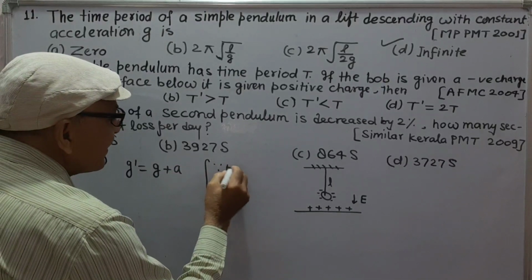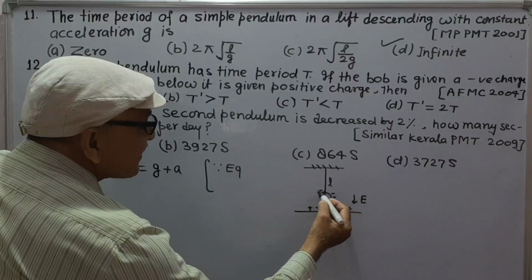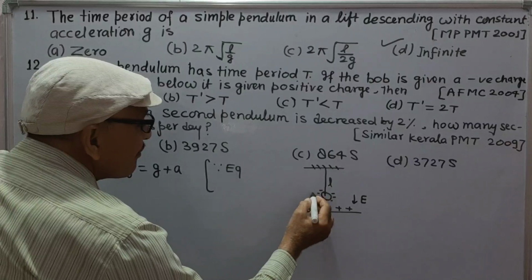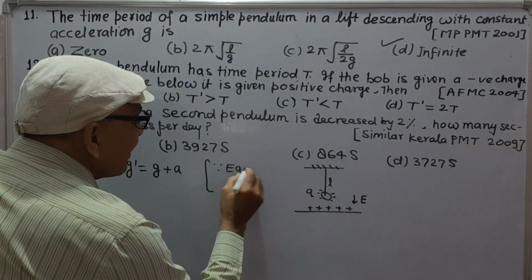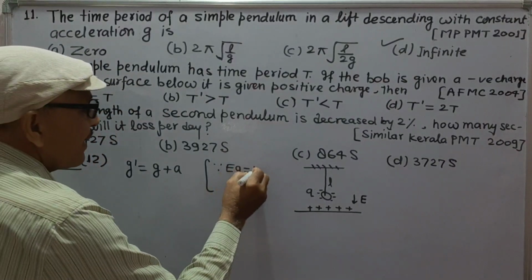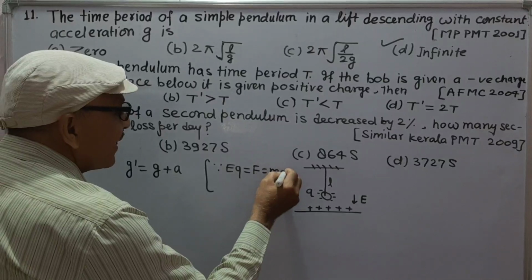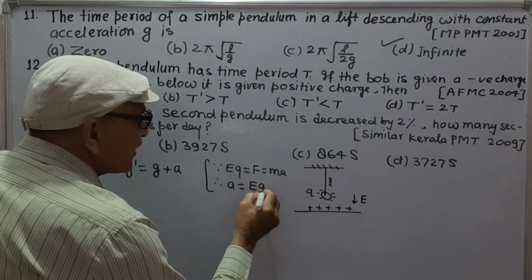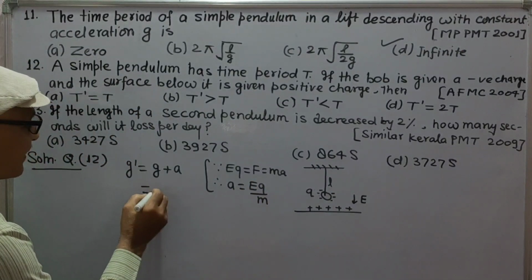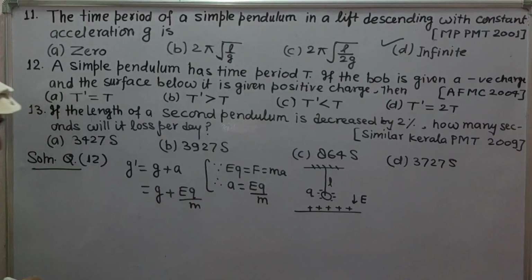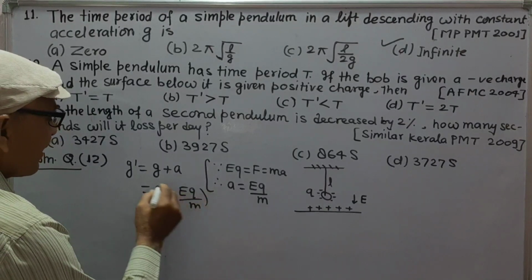where E into Q, if Q is the charge on the bob, so E into Q is equal to F, F is equal to MA, therefore a will be equal to EQ upon M. So g dash will be equal to g plus EQ upon M, where M is the mass of bob and Q is the negative charge on the bob.